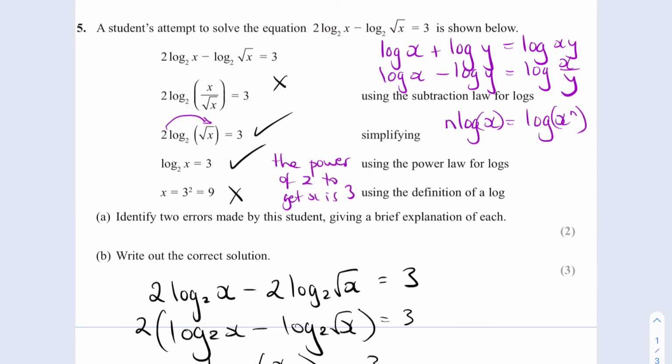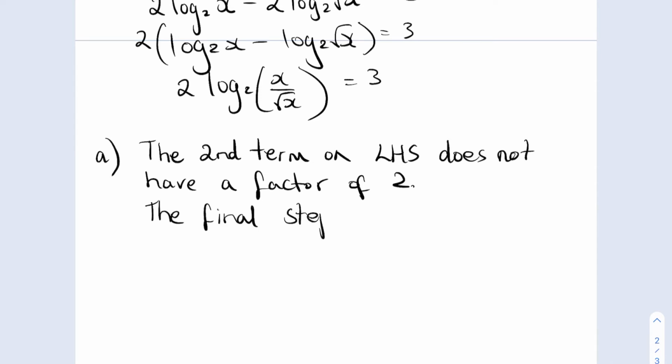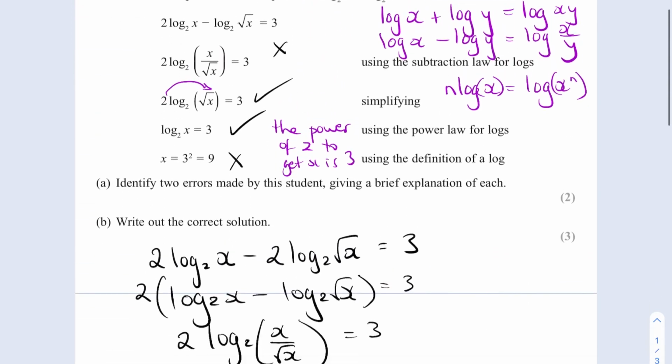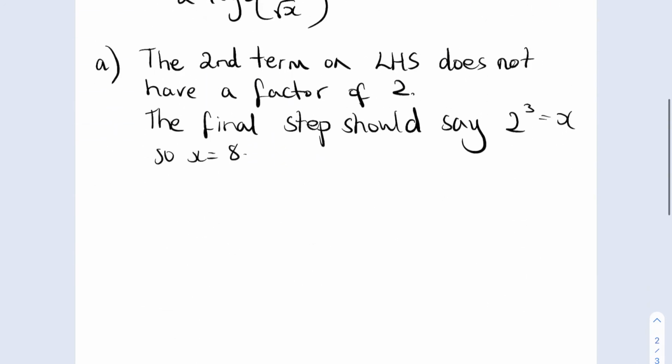So the second problem is the final step should say 2 to the power of 3 equals x. So x equals 8 in that case. But since the earlier part was wrong, all of it's wrong in any case. So those are the 2 big problems there.